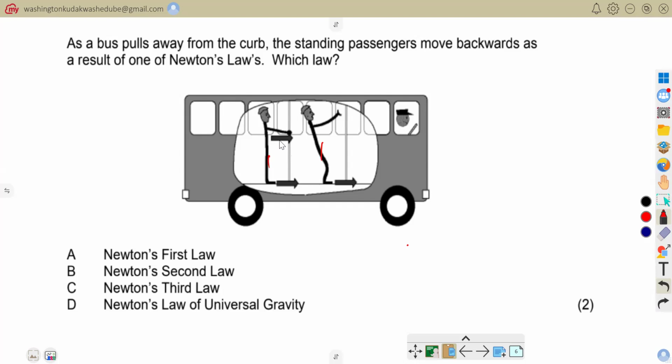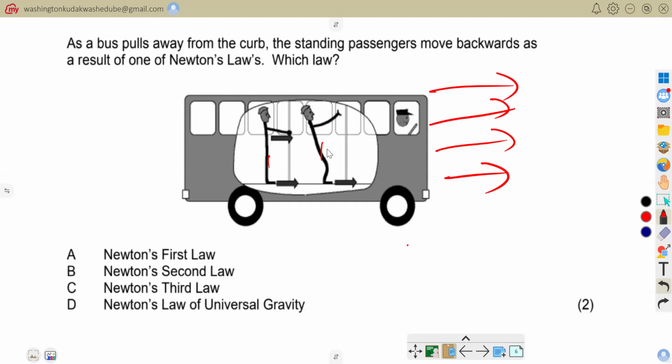Which law is that? So you can actually remember that each and every body has that tendency to resist motion. So when the bus pulls away, it will be going in that direction. The tendency of bodies to resist motion is what we refer to as inertia.